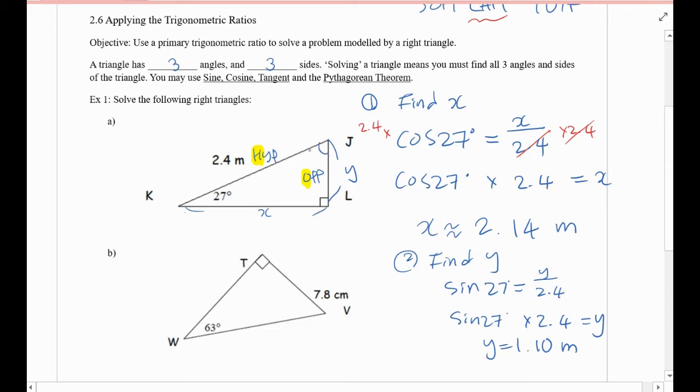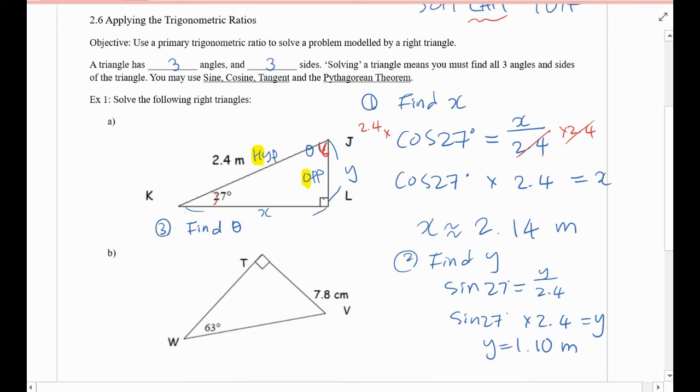Finally, we're going to find theta. Number 3, find theta. Everyone, I have a question. When you add up all the interior angles of a triangle, what do you get? What is the sum of the interior angles of a triangle? That is 180 degrees, right?